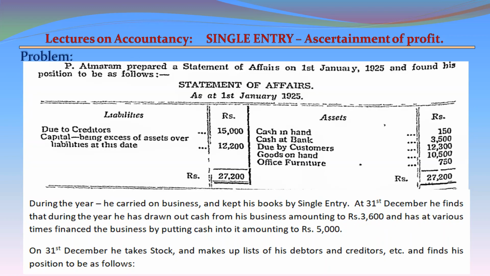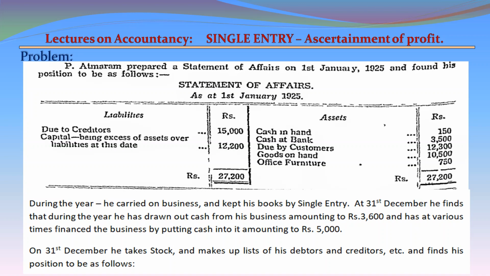Problem. P. Atmaraman prepared a statement of affairs on 1st January and found his position to be as follows. Statement of affairs as at 1st January 1925. On the asset side: cash in hand 150, cash at bank 3,500, due by customers 12,300, goods on hand 10,500, office furniture 750, total assets 27,200.